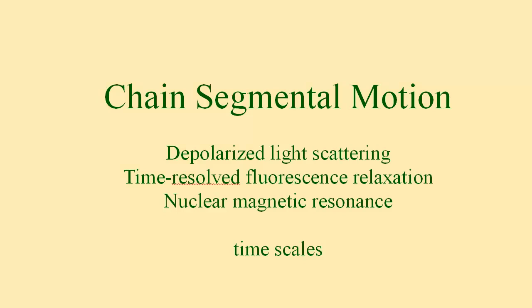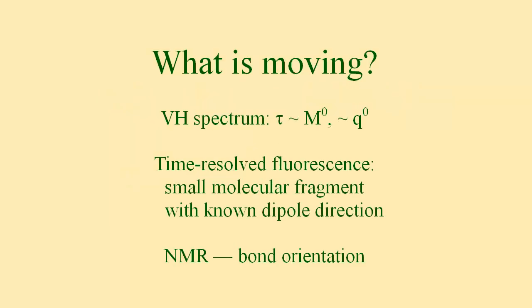The molecule or its fluorescent dipole migrates in time, and therefore some of the light re-emitted by this fluorescent dipole comes out not with the polarization you'd expect if the molecule were stationary. Finally, nuclear magnetic resonance reports on the motion of individual chemical bonds over time.